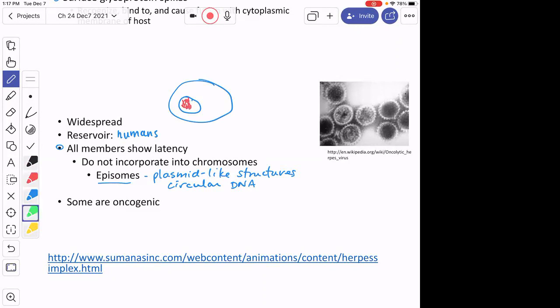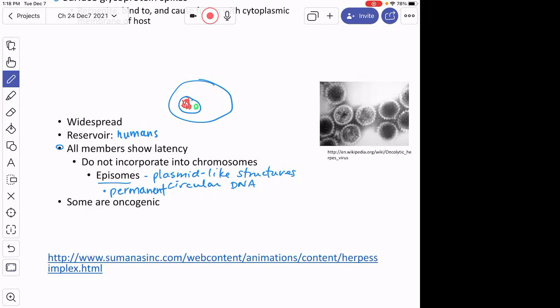And the herpes, instead of incorporating into that DNA that I drew as red, will actually in the nucleus just kind of have this little ring of the herpes virus DNA. And once it's there as an episome in the host, this is going to be permanent. Unfortunately, we haven't figured out how to get rid of herpes virus once it's gone latent. So it just kind of divides whenever the host DNA is going to divide.